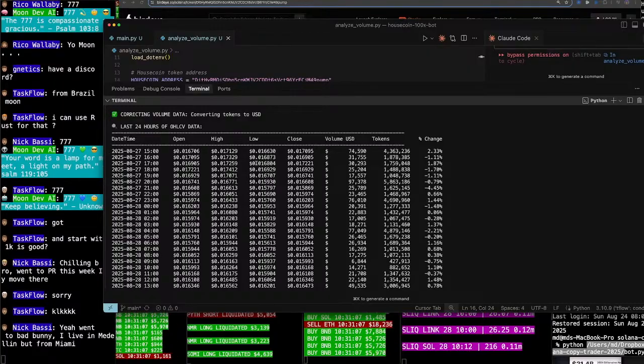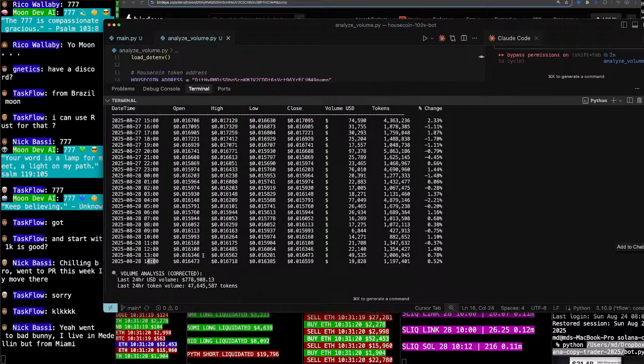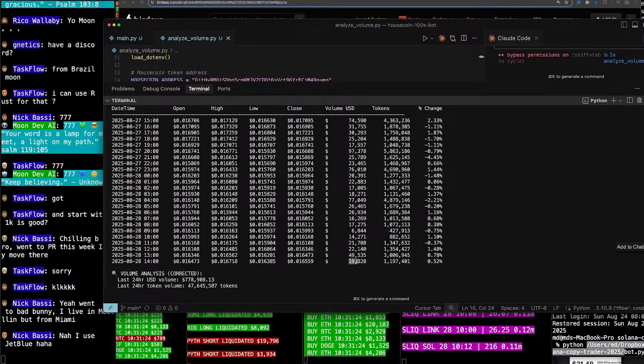So it looks like there's 74,000, 31,000, 30,000. Here's this hour, I believe. There has been 19,000 in volume. JetBlue, okay. 49,000, 22,000, 21,000. So there was a volume spike here.